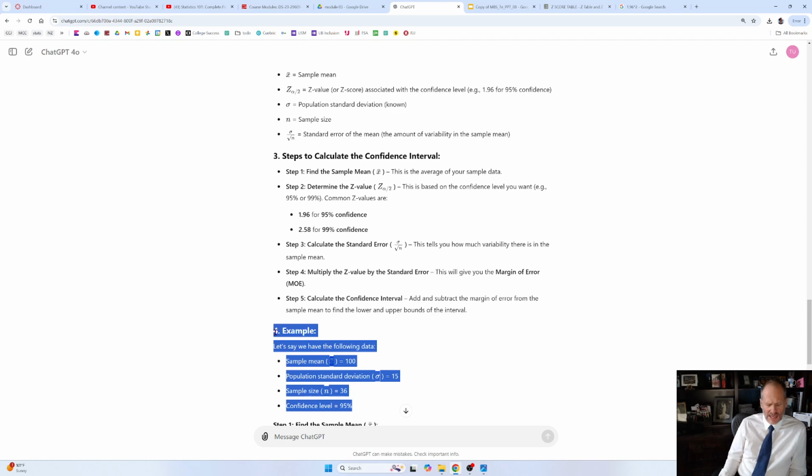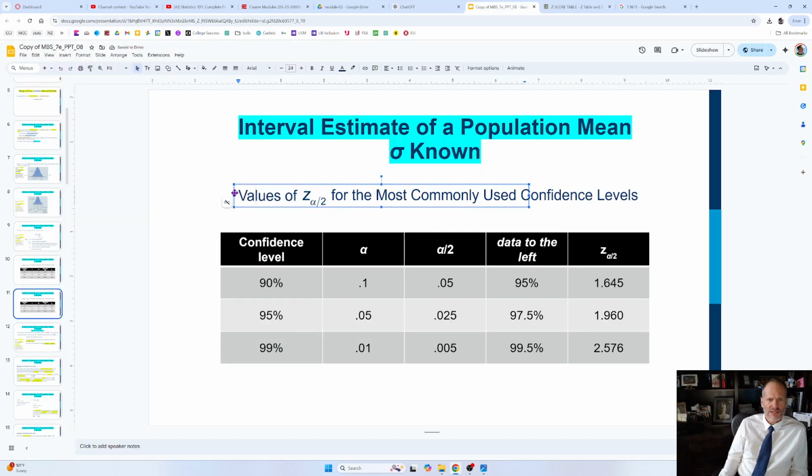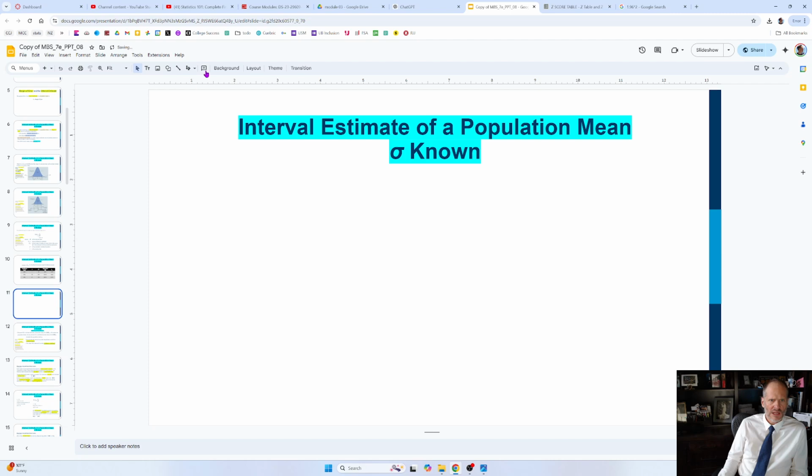So let's just take this, copy it, and we're going to go over here. And then we're going to duplicate this slide, which means I got to come back over here and copy this again. And on the slide, I'm just going to take all this stuff out. I'm going to put in a text box.